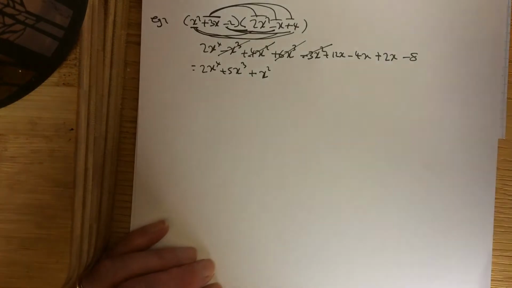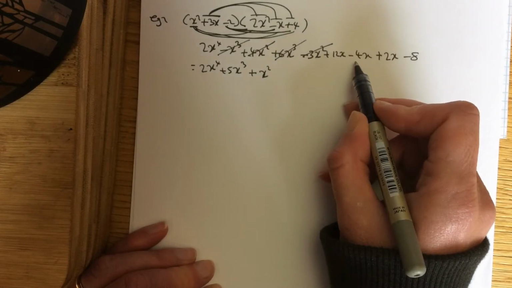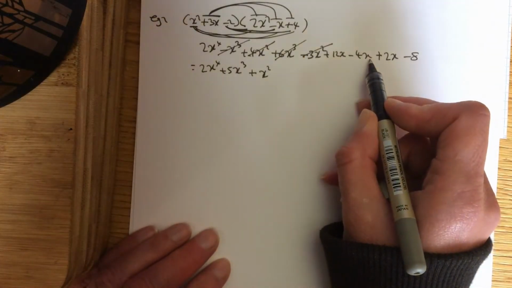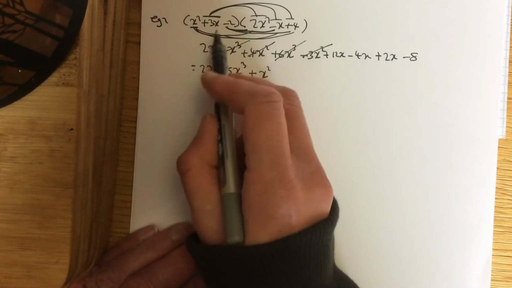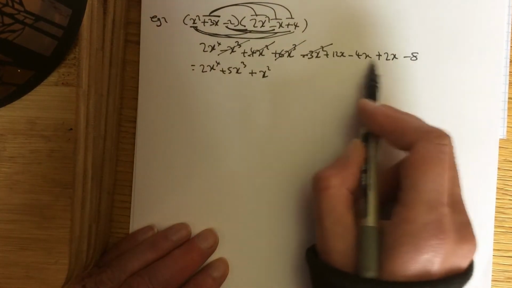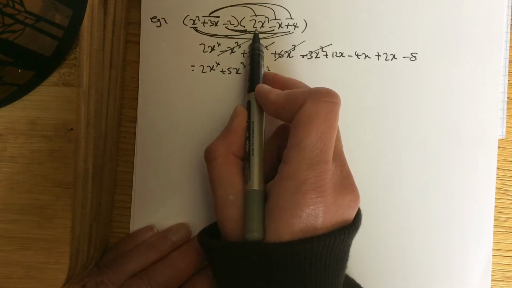I'm just noticing here this doesn't look right. Let me double check. Where did that come from? So I think there's too many x's here, you see. That's my issue. So let's go back and see. Minus 4x squared.